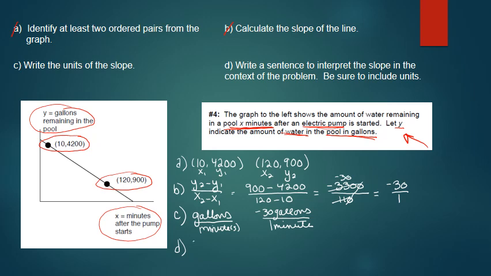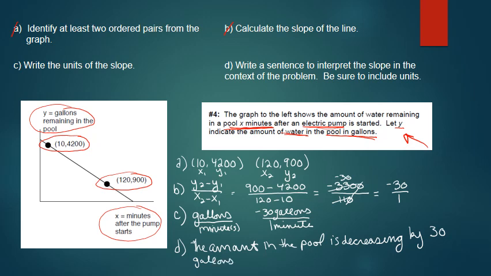So how about, the amount in the pool is decreasing by 30 gallons every 1 minute after the pump is started.